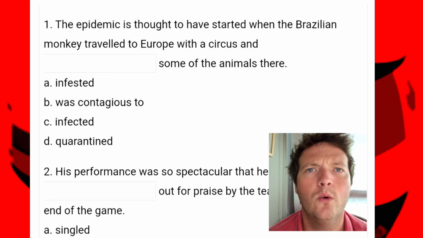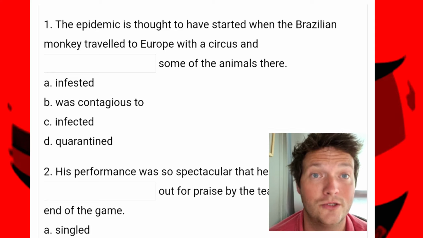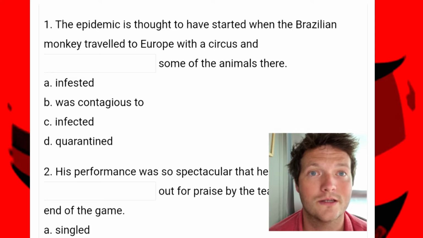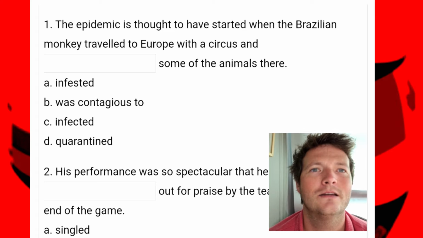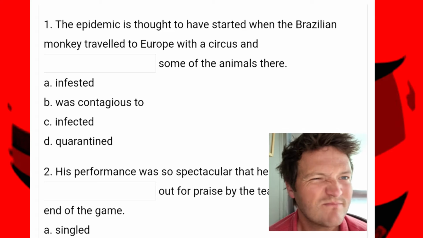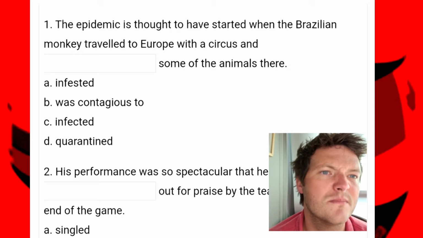Let's get into it. Number 1: the epidemic is thought to have started when the Brazilian monkey traveled to Europe with a circus and infested, was contagious to, infected, quarantined some of the animals there. I think this one's fairly clear.